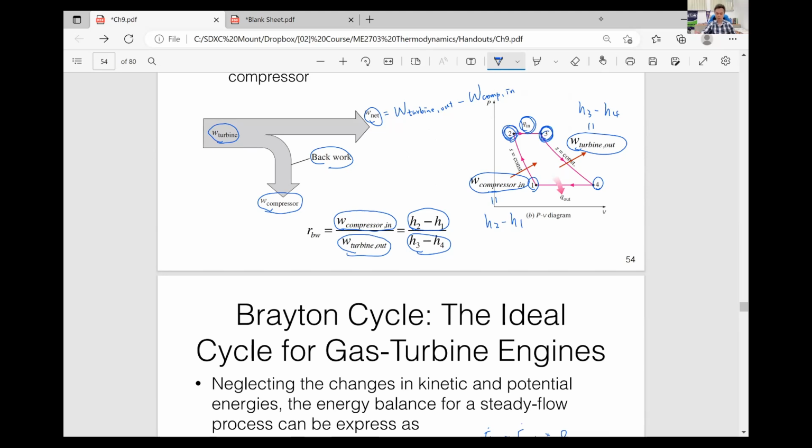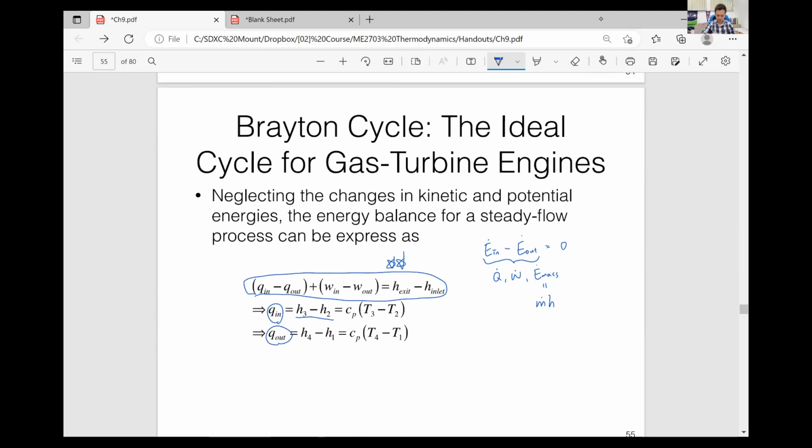Then Q out is H4 minus H1. So Q in is H3 minus H2, Q out is H4 minus H1, and they are constant pressure heat addition and heat rejection.